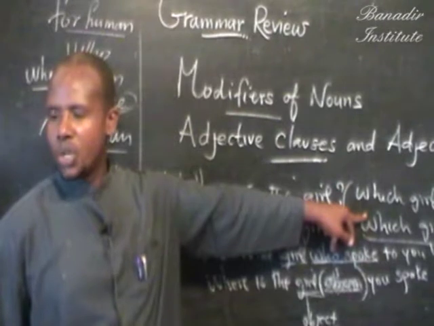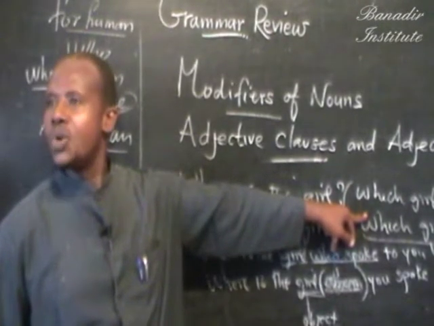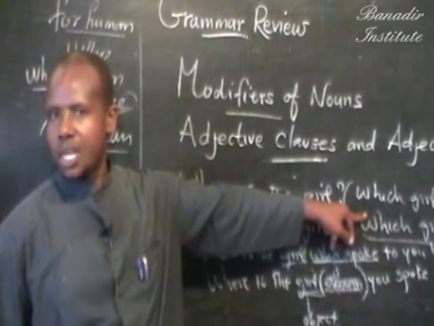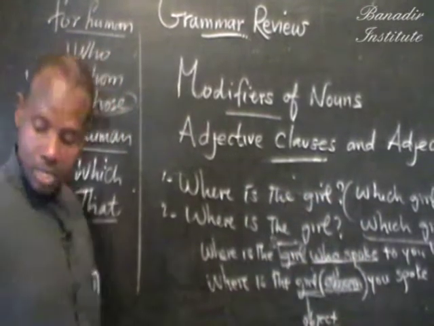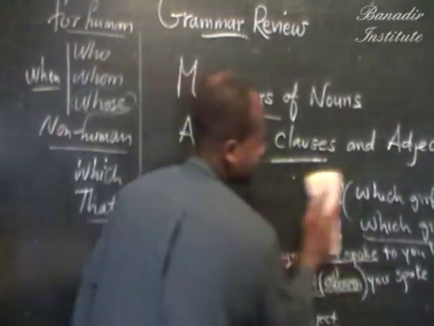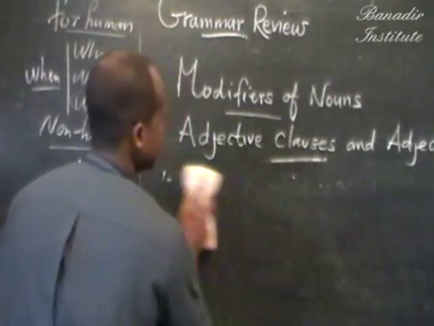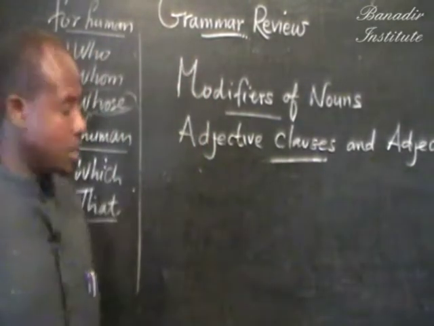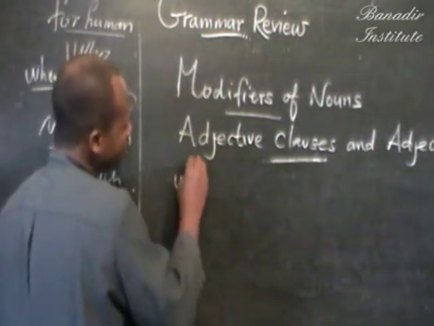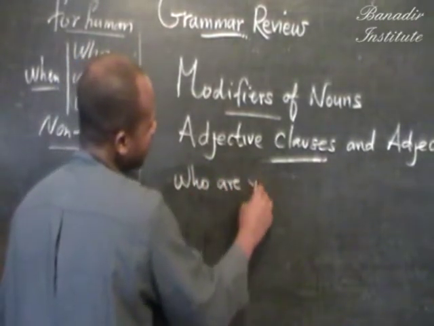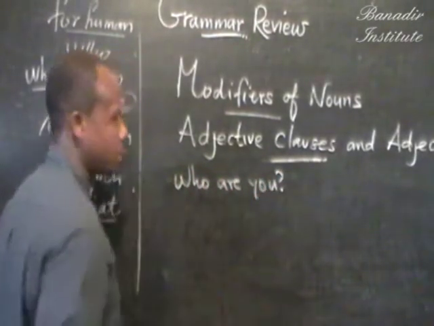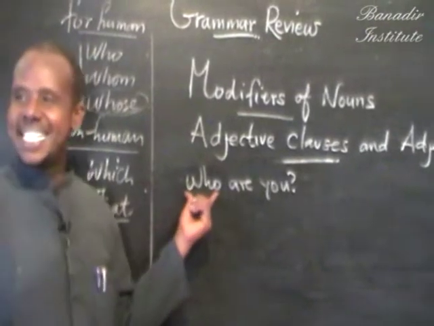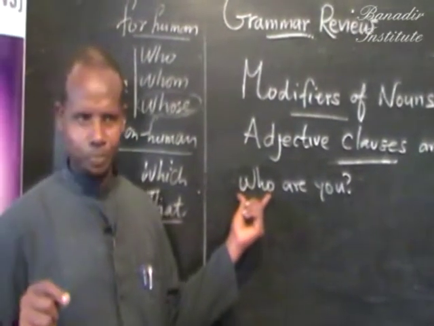When somebody says to you, who are you? If I ask you this question, who are you? Let me give you an example. Who are you? Who is not a relative pronoun.